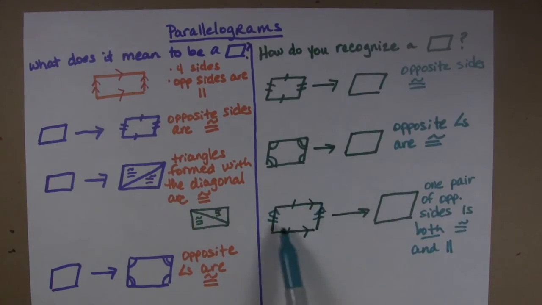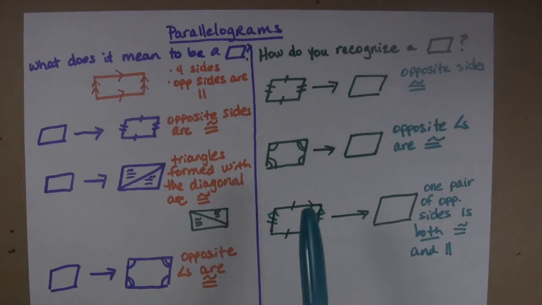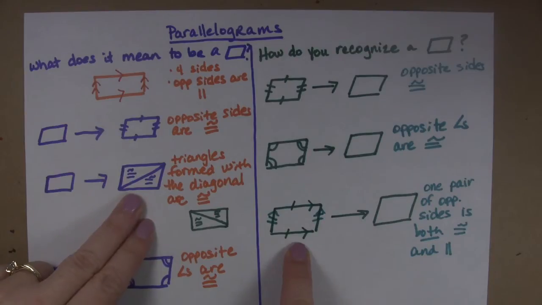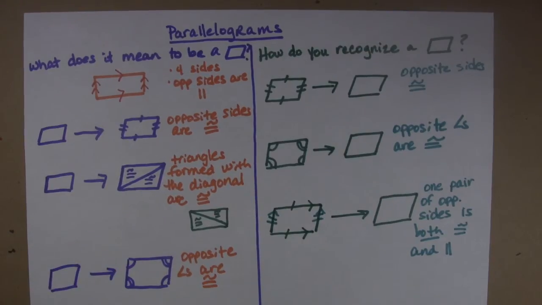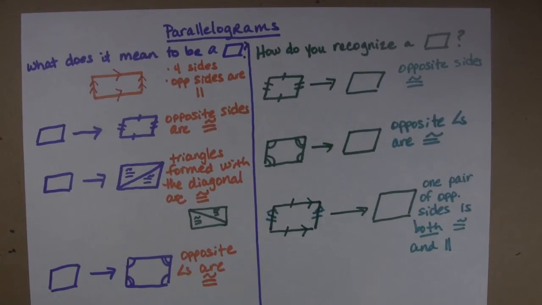So it doesn't matter which side, if you do the top and bottom side or if you do the side to side side, it doesn't matter. But if you can determine that one side is congruent and parallel, then you get to say that you have a parallelogram. So notice that these are not the converse of each other. The converses are not true, but they are very helpful.